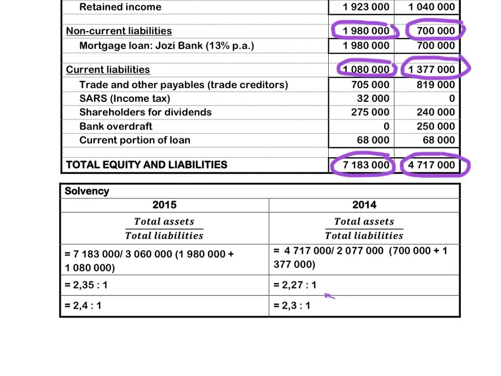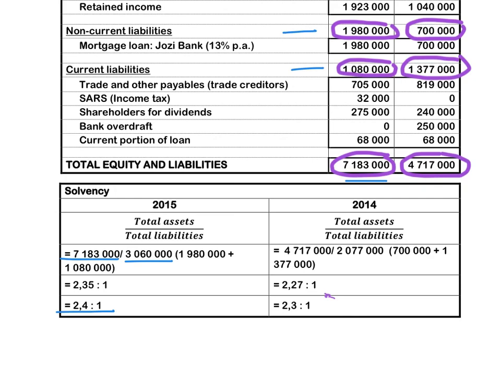The total liabilities is the 1980 plus the 1080. So if I add them together, I get the total of 3060. And when I do this calculation, my ratio is 2,4 to 1. So that means for every R1 that the business owes, they've got R2.40 assets.